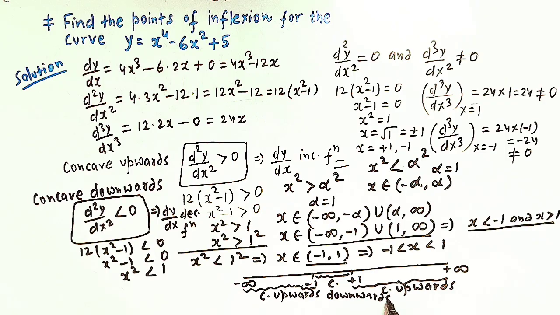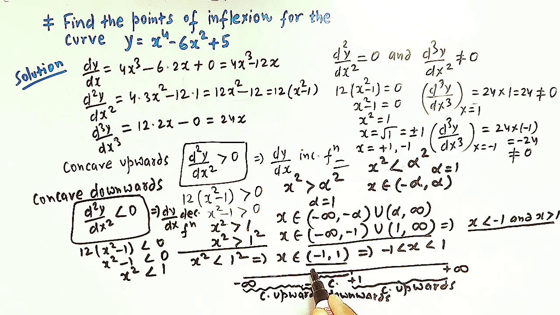So here with the help of the real number line, we have shown that in the interval minus infinity to minus 1 union 1 to infinity, the function is concave upwards, that is the second derivative is greater than 0. And in this interval minus 1 to 1, that is when x is greater than minus 1 and less than 1, the function is concave downwards, that is the second derivative is less than 0.